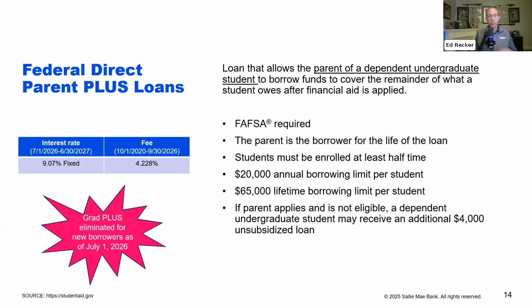That's for graduate students, but we're really going to focus on Parent Plus. And Parent Plus is a loan that allows the parent of a dependent undergraduate student to borrow funds to cover the remainder of what a student owes after their financial aid is applied. So interest rate, again, it's not the best. It peaked over 9% this year, so 9.07%.